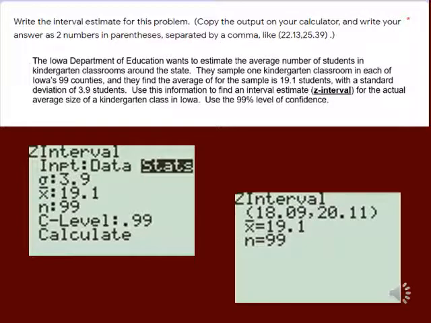The 99 for N comes from the fact that it's one in each of 99 counties, so that's why it's 99 for the number. And the confidence level is 99%, so 0.99. Here, what I would do for my answer is just copy down 18.09 to 20.11.